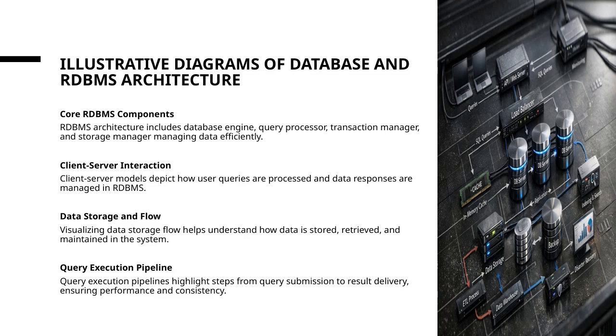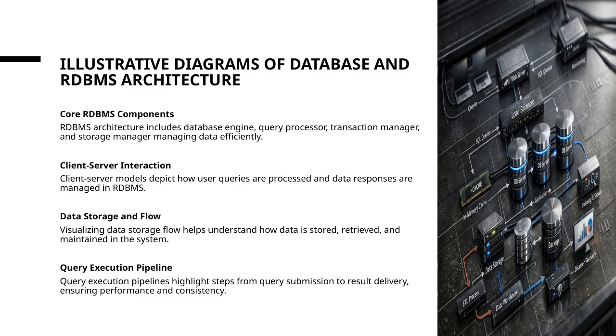In a client-server model, users send queries through a client interface that reach the API or web server, which then interacts with a load balancer, distributing those queries to multiple database servers for processing. The system also uses in-memory caches to speed up data access, while mechanisms like replication keep data synchronized across servers for reliability. Data flows through these components, moving between storage systems, caches, and backup units, with indexing and search services enabling quick data retrieval.